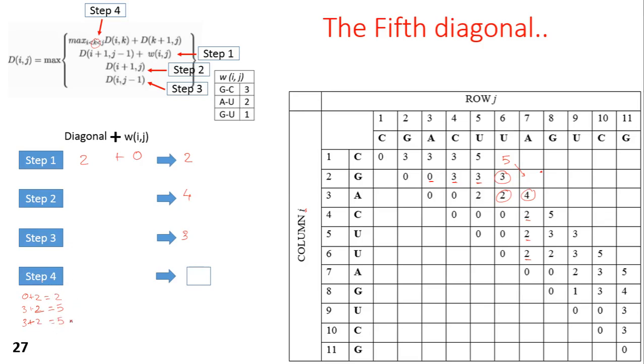So how many values do we have over here for comparison? 3 values, 2, 5 and 5. Of these 3 values you would have to select the biggest one, 5. Of these 4 steps you would have to select the biggest one, that is of course 5. We would have to populate 5 over here, right?